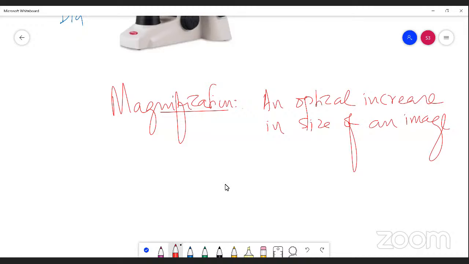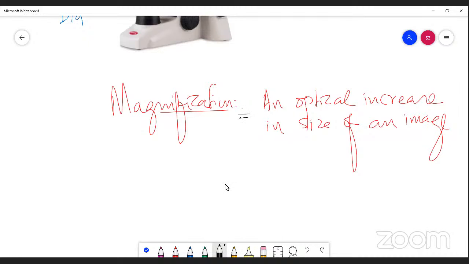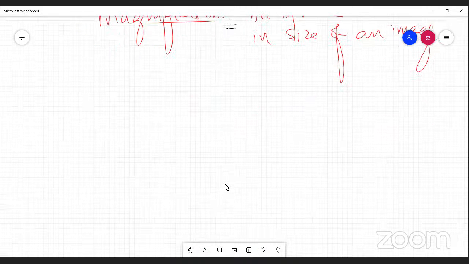Now, this magnification can be calculated by a formula.